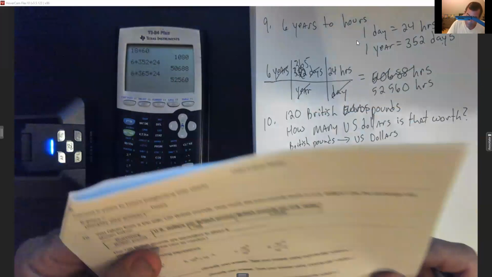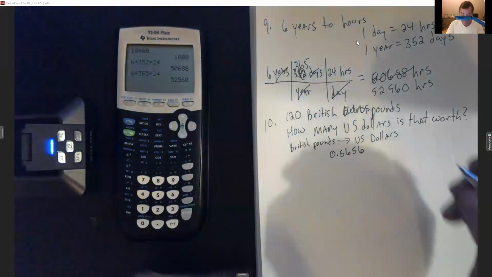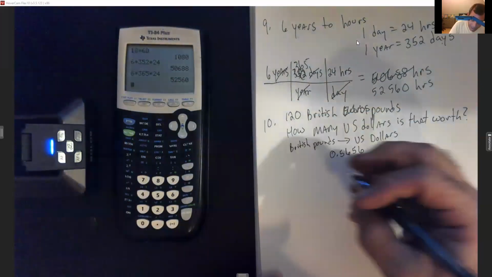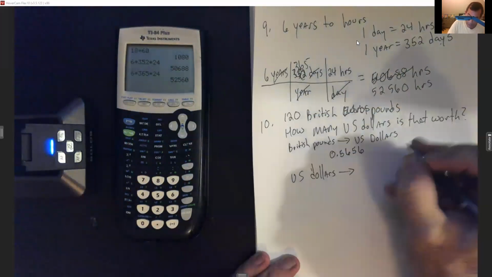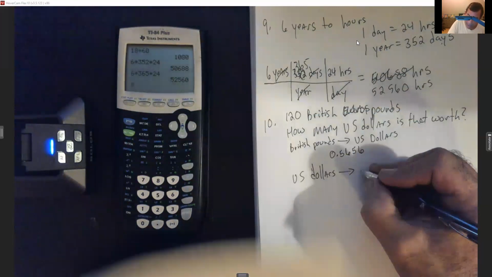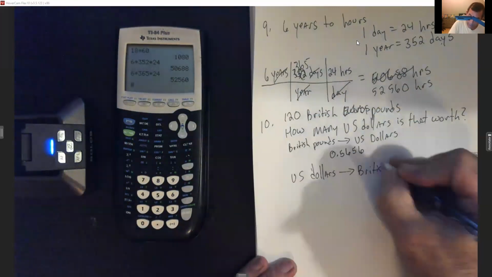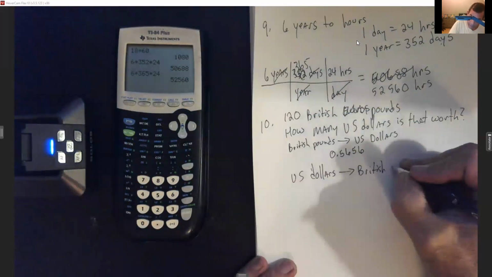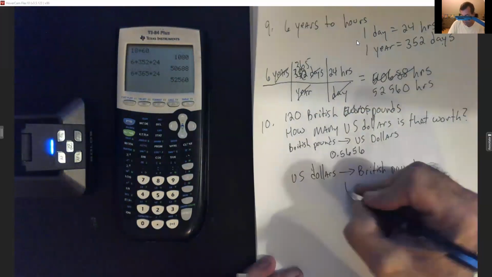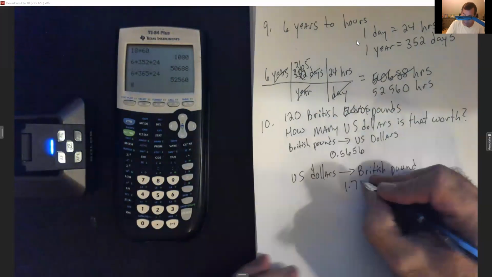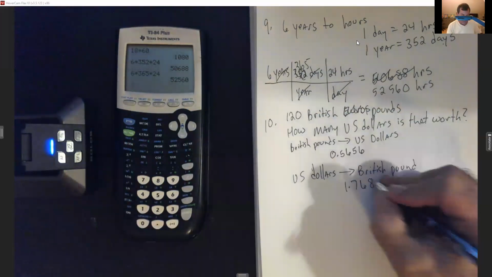All right, so let me put my other one on there, which was US dollars per British pound. And that conversion was 1.768.